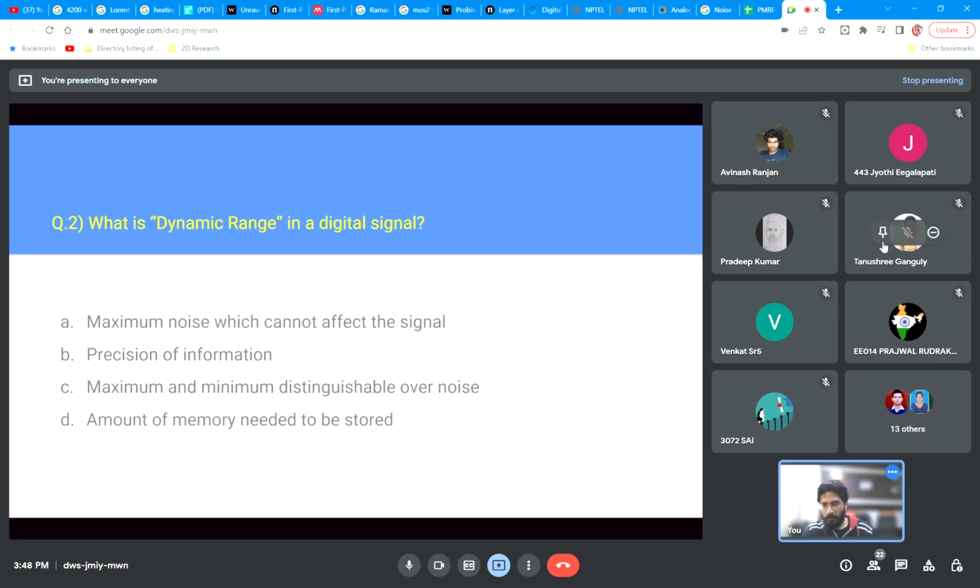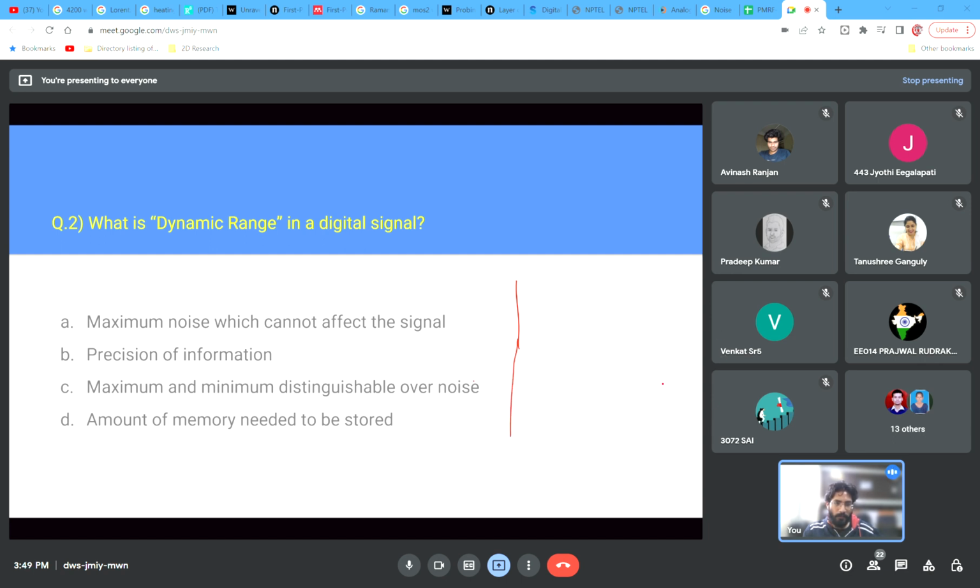So the thing that we saw in the earliest point, and also the thing that Avinash asked, whether the difference of voltage levels makes binary the most used number system. So that is true. In binary, you have two levels that are spread wide apart.